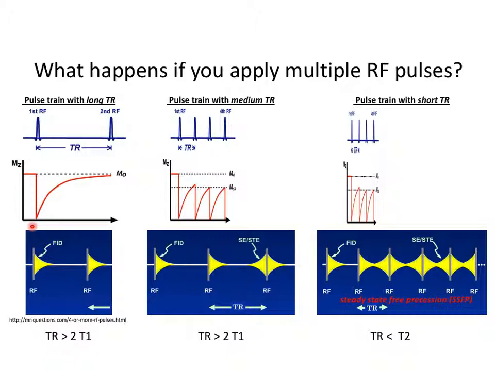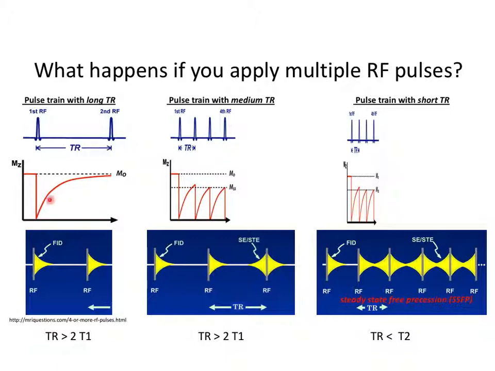And if in the heart T1 is 500 milliseconds, if we use TR of a second, when we do say this is a 90-degree pulse, the Z magnetization goes to 0 here, and then it recovers back with T1 recovery. And you can see here it's almost all the way back to full recovery.